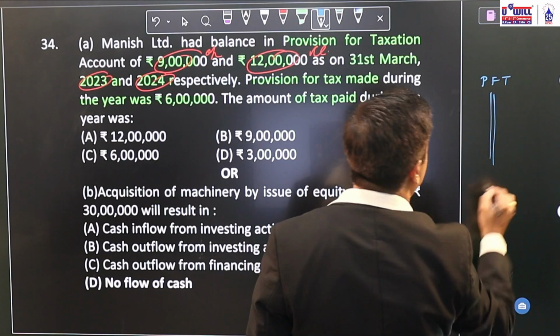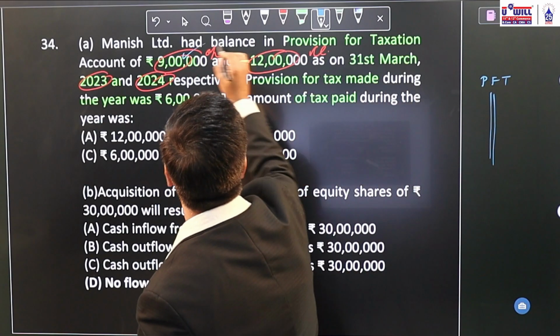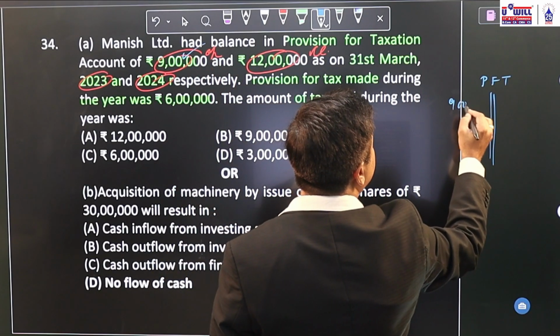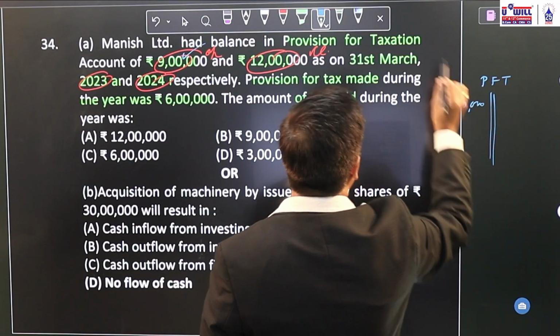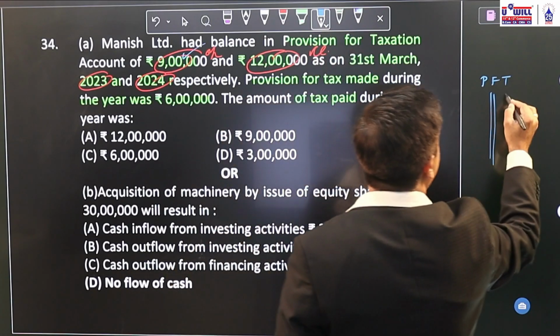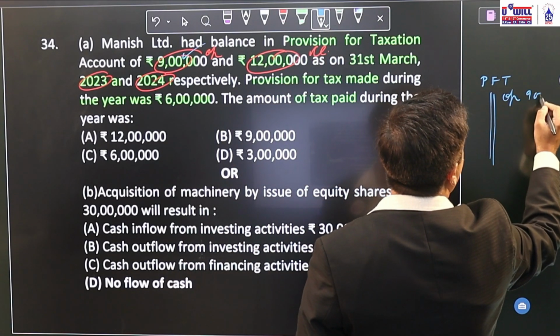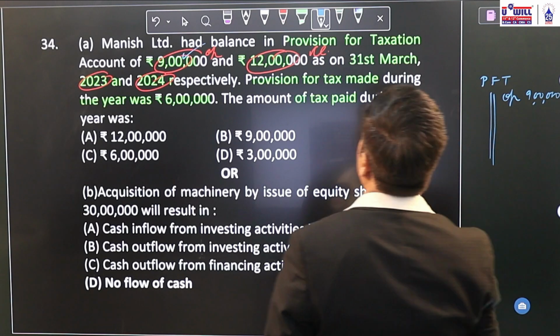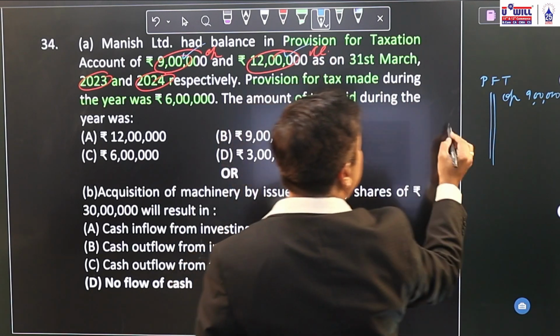How will you make provision for tax account? Opening 9 lakhs on the debit side. No, sorry, credit side. Opening in provision for tax comes on the credit side. Closing 12 lakhs on the debit side.